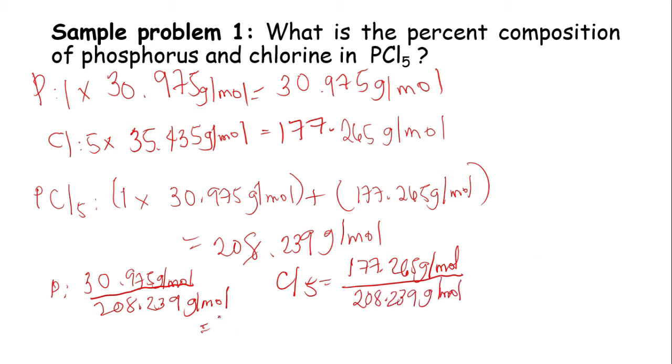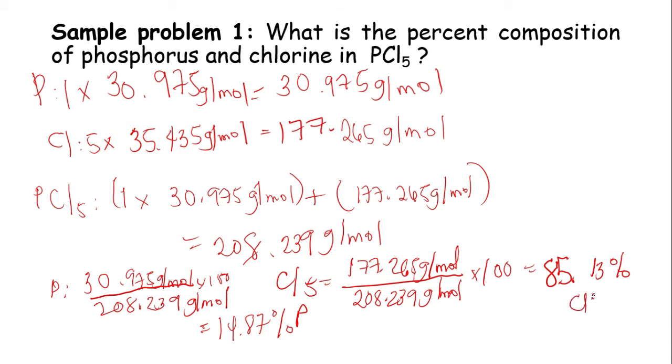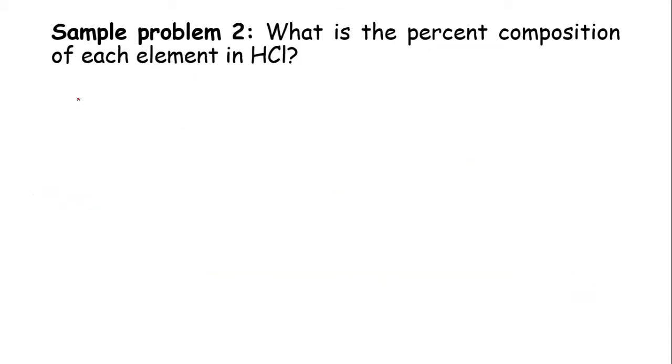Solving for this, we will get 14.87%. Sorry, you have to multiply it by 100. Okay, therefore, PCl5 has 14.87% phosphorus and 85.13% chlorine.